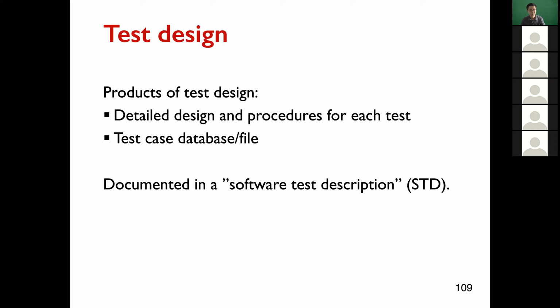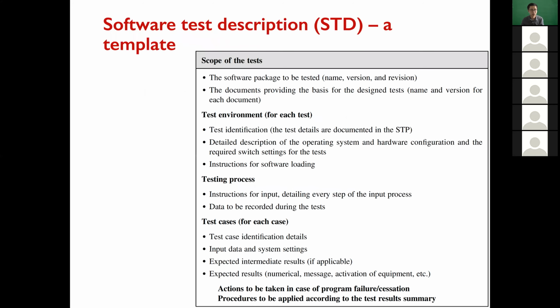Usually the test design results are documented in a software test description, or STD, file. So this is a template for a software test description file. It includes the detailed description for the test cases.